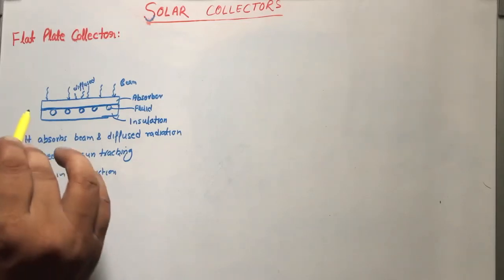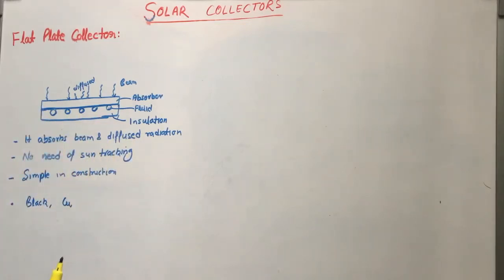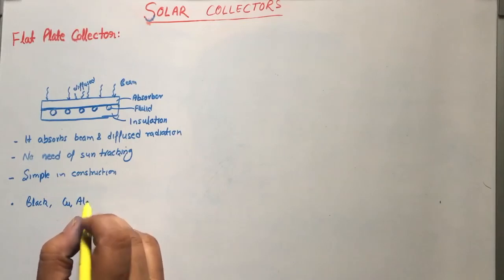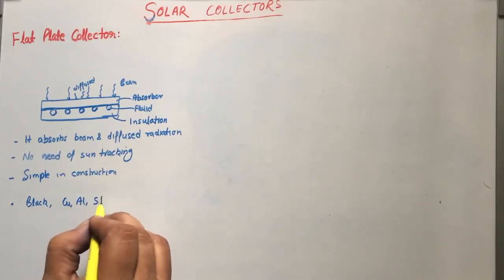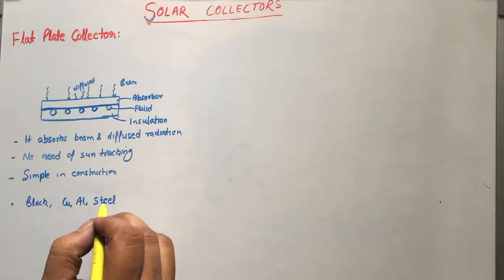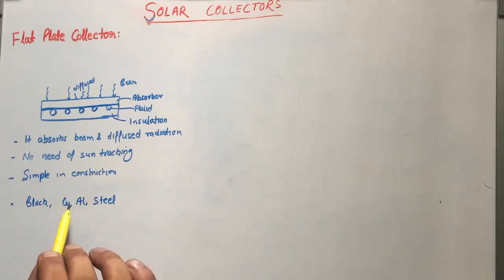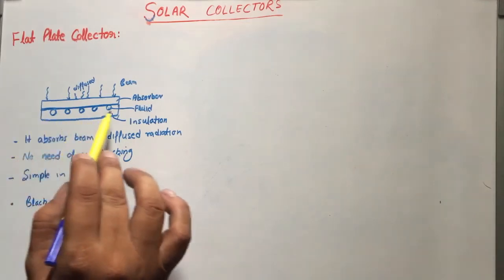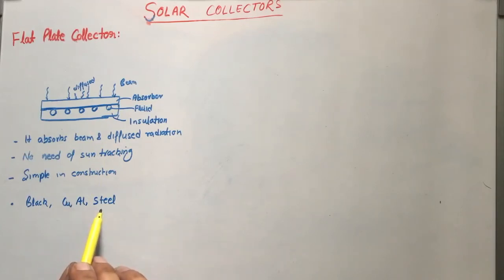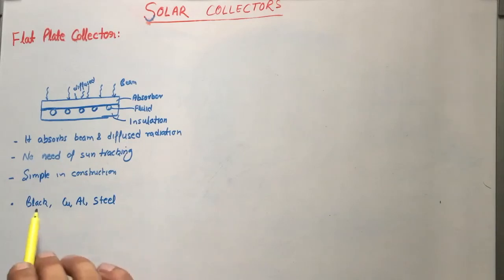So copper is a good conductor of heat, so we will use copper, or if we go to aluminum, even though it is acceptable in a cheaper range, or steel. So any of these can be used according to the cost of the collector. So the absorber surface should be either copper, aluminum, or steel, or in one sentence we can say it should be a good conductor of heat, and it should be blackened, okay.